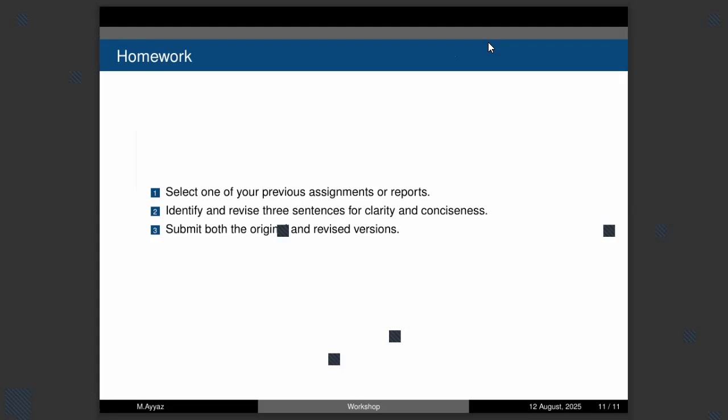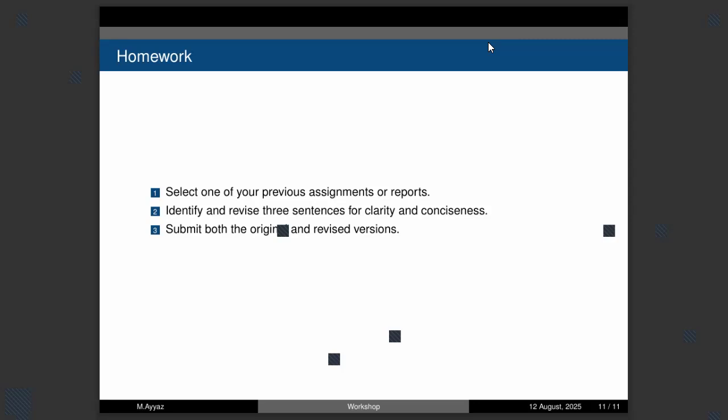And unfortunately, there is also homework for you to do in your assignment day. You have to select some sentences from your previous assignments or reports that you may have written during your academic journey, and you have to revise three of these sentences for clarity and conciseness.